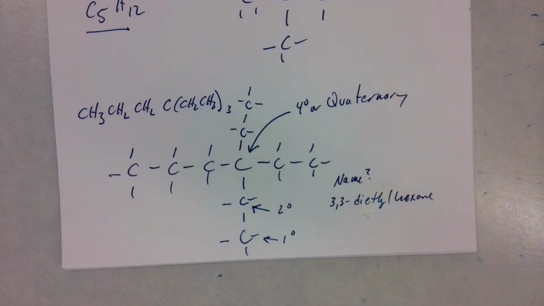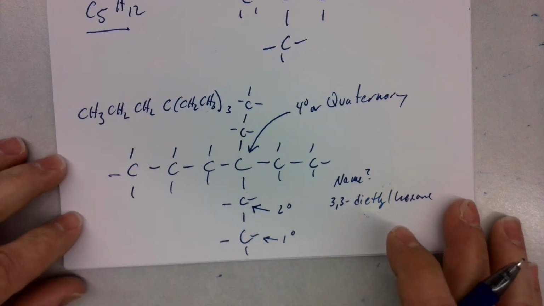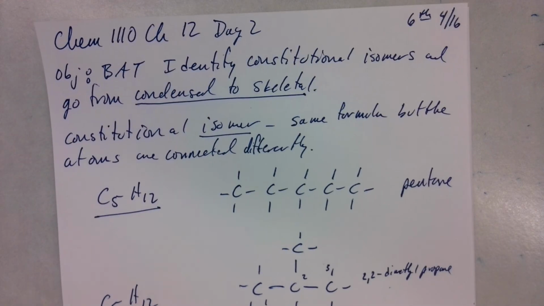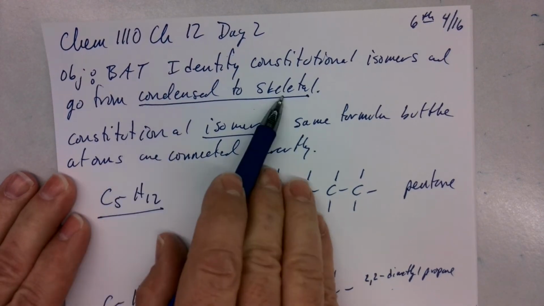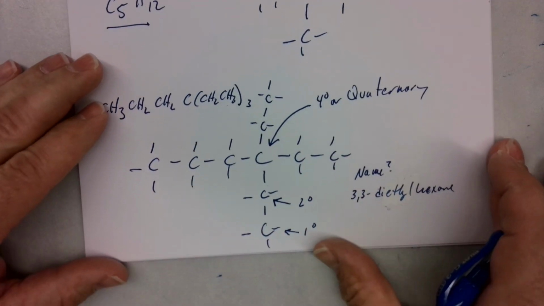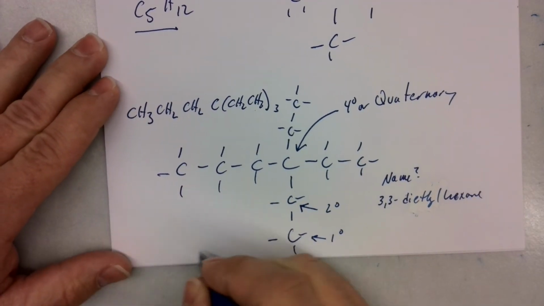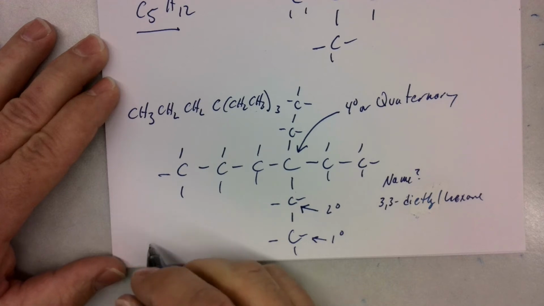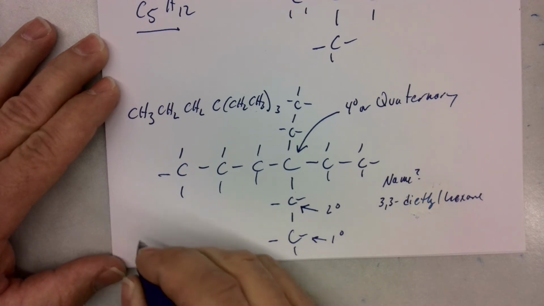Now, what's probably one of the other really good questions I could ask you to do here? I mentioned it earlier. Nobody? Right here. Yeah, skeletal, right? So, I'm going to go zigzag here. Anybody want to tell me how to do this?